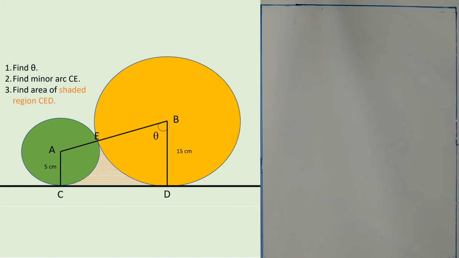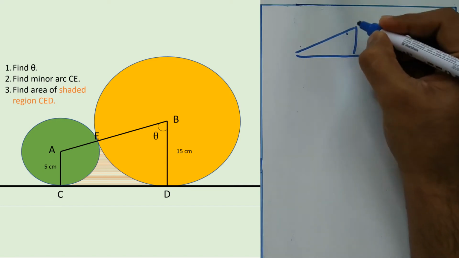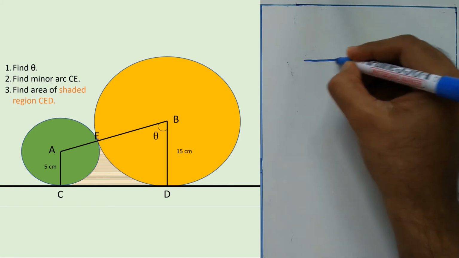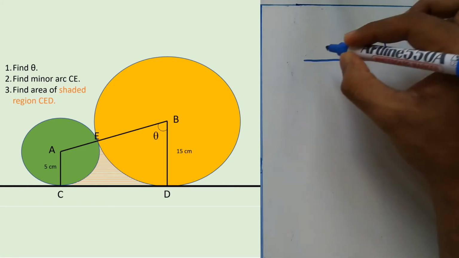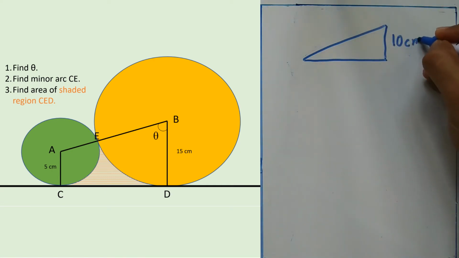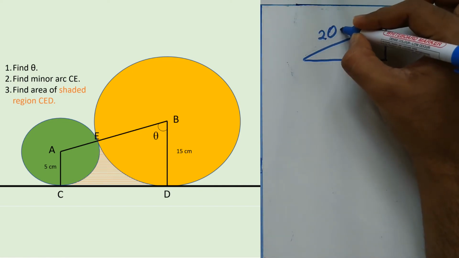We can create a right angle triangle in the trapezium AEBDC. The short side is 10 centimeters, and the hypotenuse is the sum of the radii, which is 20 centimeters.